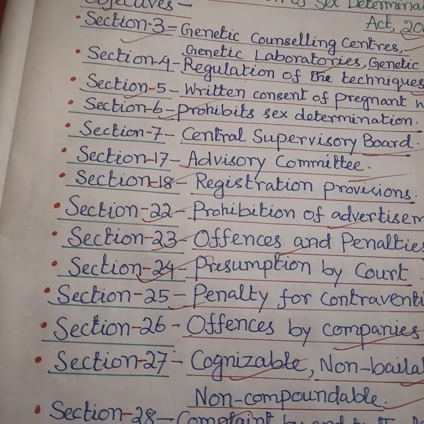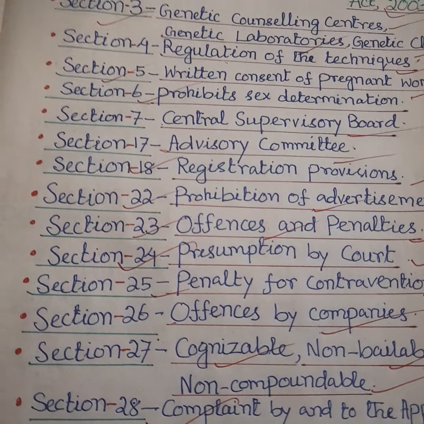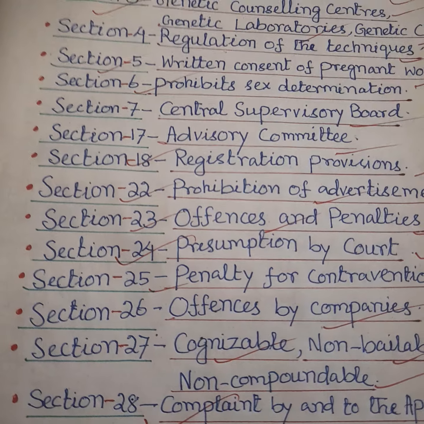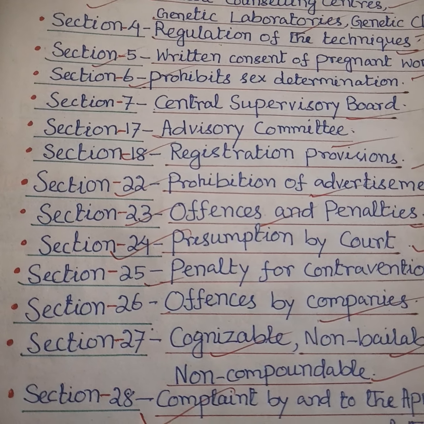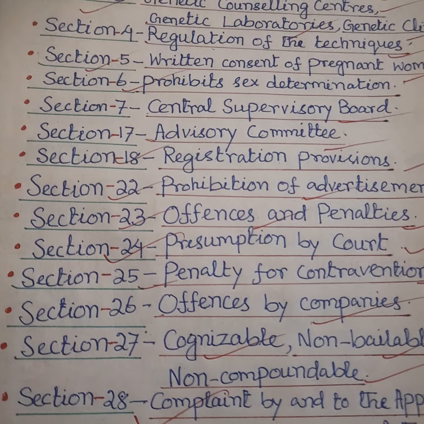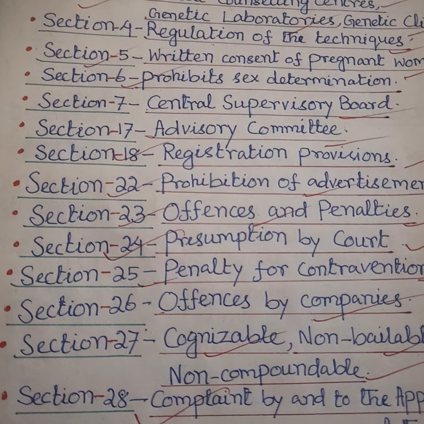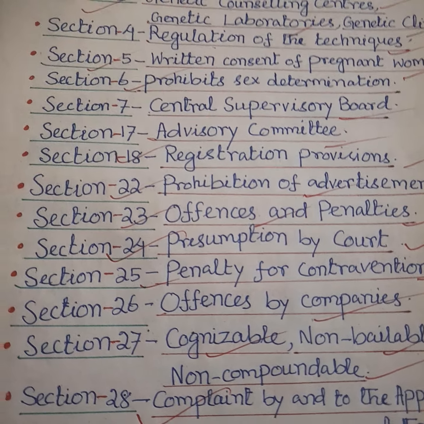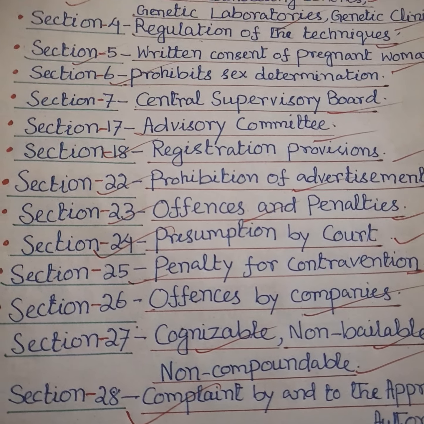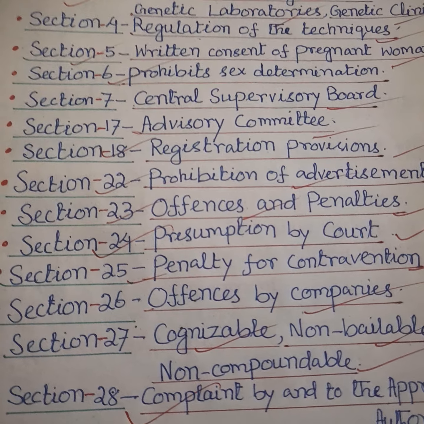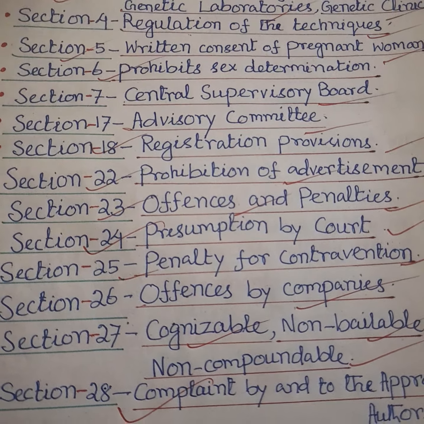It provides that a complaint under the Act may be made by the appropriate authority or a person who has given notice of not less than 30 days to the appropriate authority of his intention to make a complaint.